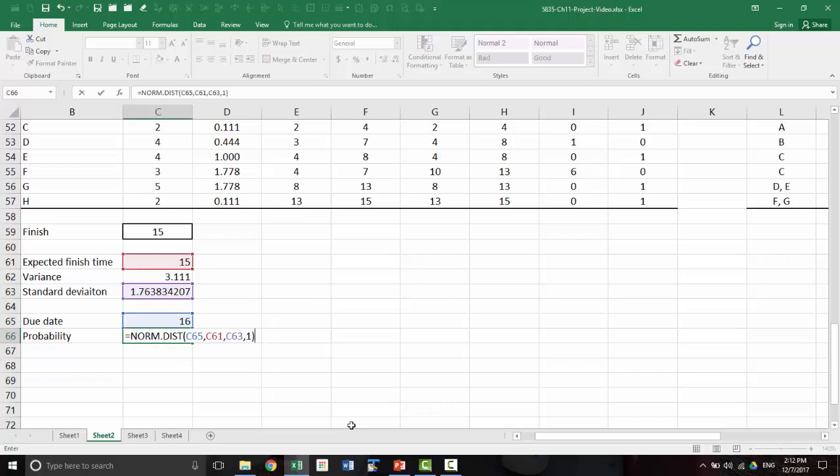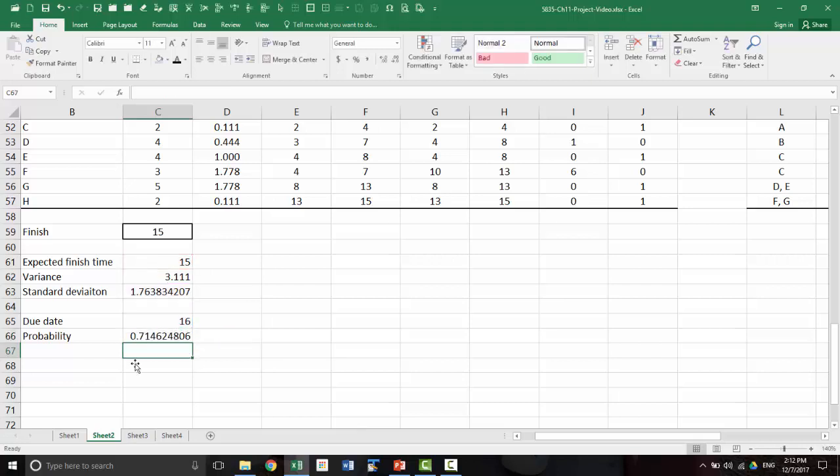So the probability that the completion time will be 16 or less than 16. So that's your probability. And if you want the probability that you will not meet the deadline, then it will be 1 minus this. So probability of completion within the due date is that.